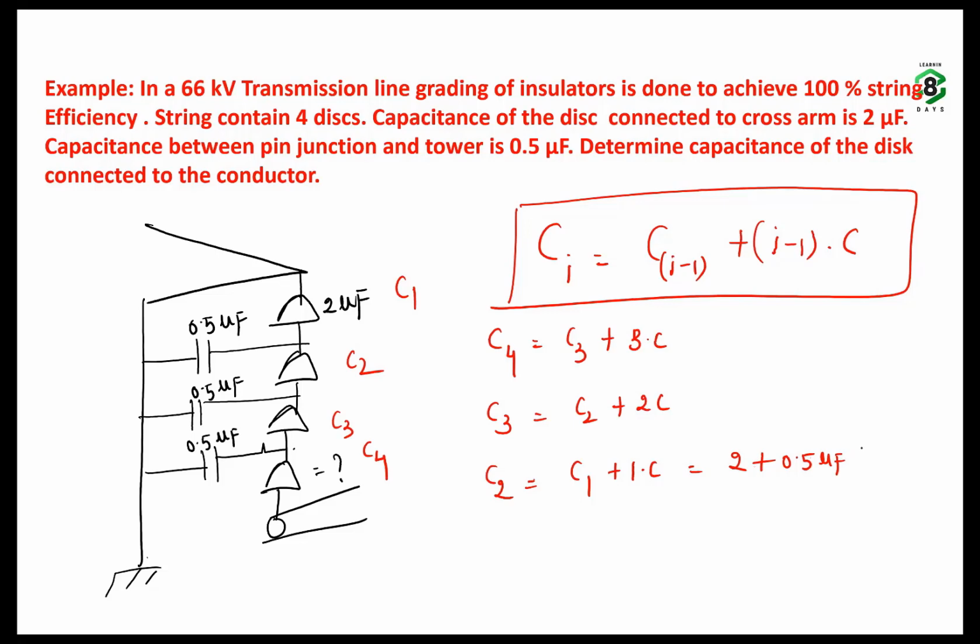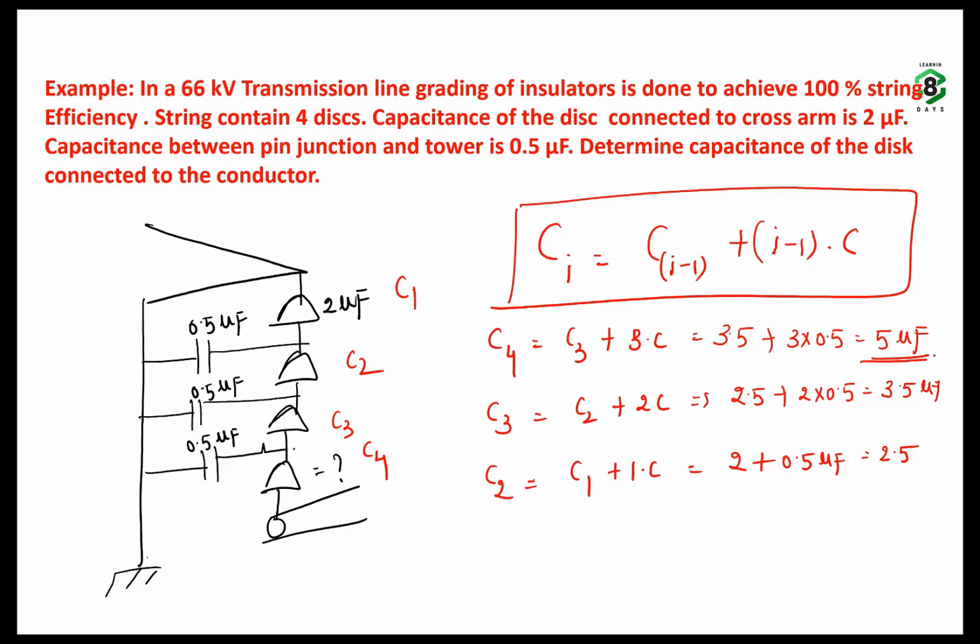So this will give you 2.5 microfarad. So you know C2 now; C3 is 2.5 plus 2 into 0.5, which is 3.5 microfarad. Now C4 is 3.5 plus 3 into 0.5, which is 5 microfarad. Understand? So 5 microfarad is the answer.